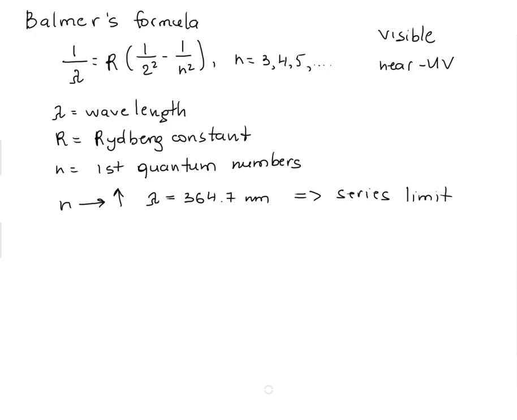This is done by the Rydberg formula, which describes every line in the hydrogen atomic spectrum. Let's write it down. It's very similar to Balmer's formula, but the only thing is, now instead of 2, we have N1.